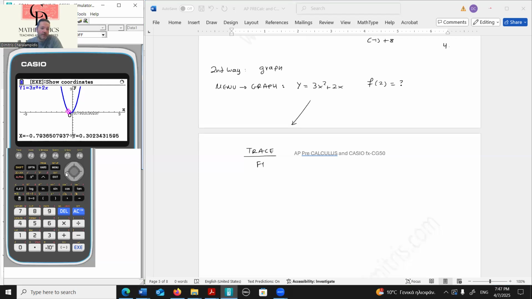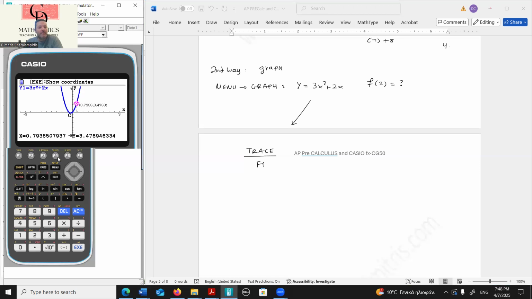I can use the cursor to move it left or right, but no matter how hard I try, it's nearly impossible to land exactly on x equals 2.